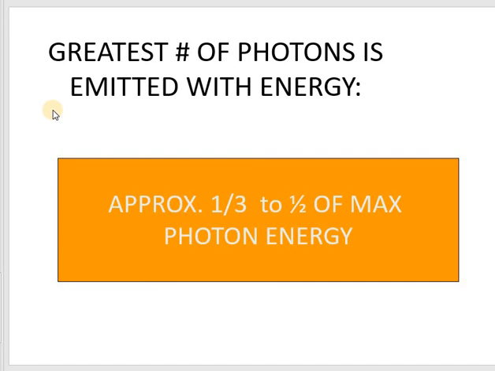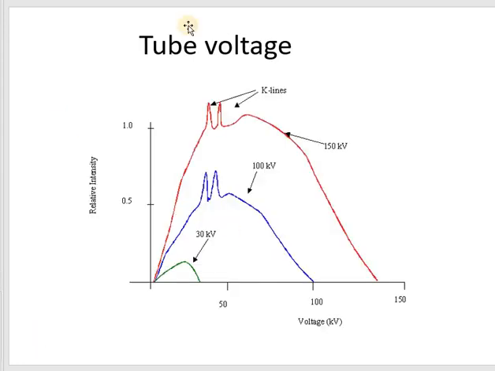So if the power supply is 120 kV, most of the electrons would have about 40 keV, more or less. So although you set it to 120 kV, the produced beam at the greatest number, or the highest intensity, is normally at 1/3 of the maximum energy.